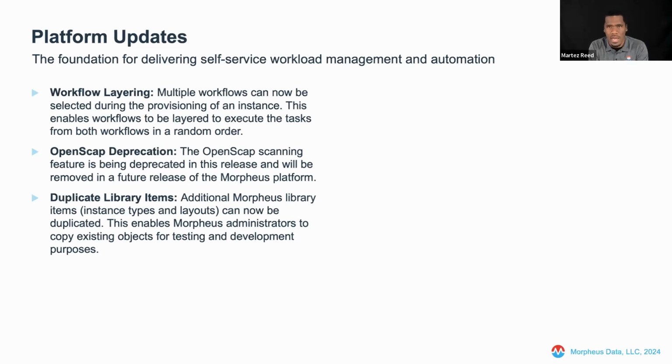Currently it is not all objects within the Morpheus platform, but a good portion of objects can be exported out of an existing deployment or installation of Morpheus into something like a Git repository, and then be pulled down into another Morpheus deployment within your environment to provide a test to production-like capability.